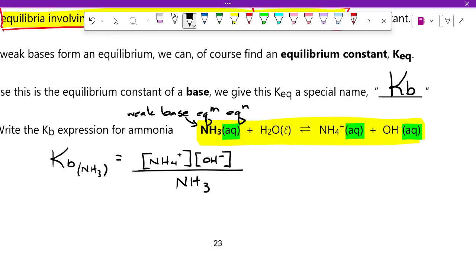Good? Straightforward enough. We leave out water because water is a liquid. Okay, nothing more to it than that.